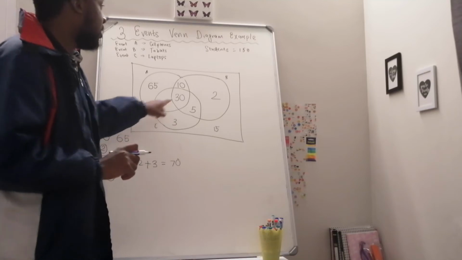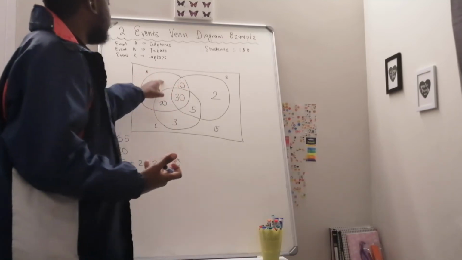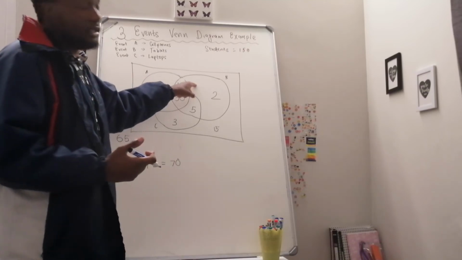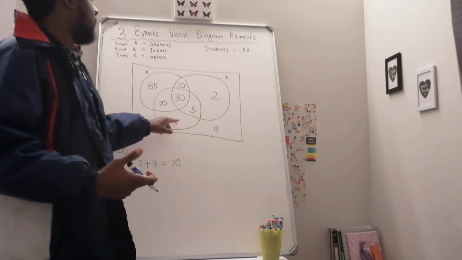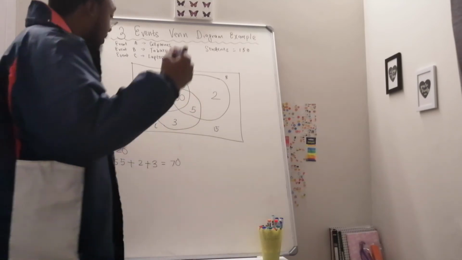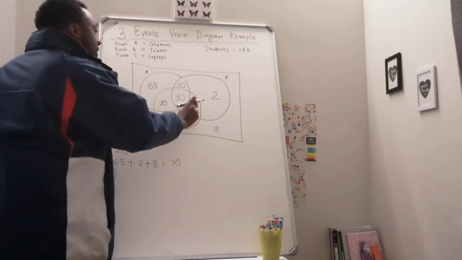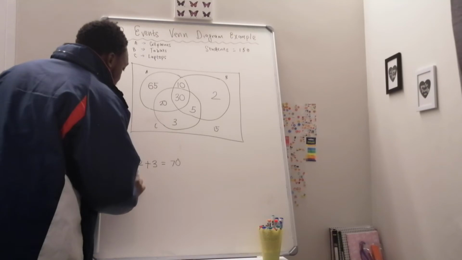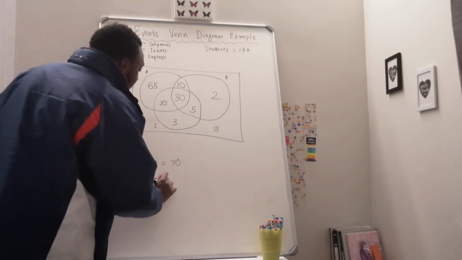That's 20. That's teenagers that own a cell phone and a tablet. That's teenagers that own a laptop and a tablet. So if I'm looking for students that own exactly 2, I need to add these values. So it's 20 plus 10 plus 5.